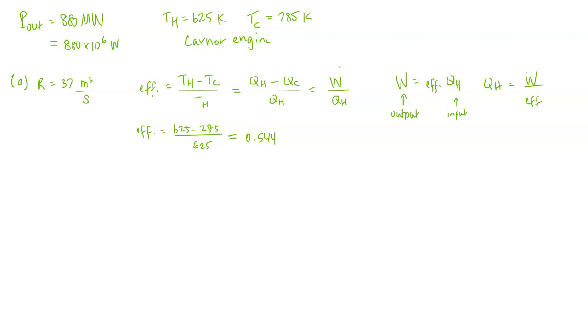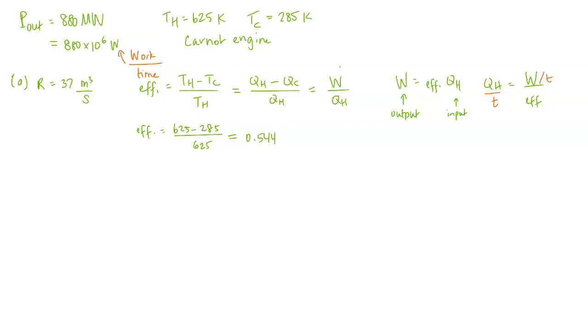So this now will let us find the rate of heat input. Notice that our power out is basically a rate at which work is done, right? It's work divided by time. So I'm going to take that equation that I just developed for the heat relative to work and efficiency, and divide both of those energies by time and turn it into rates.